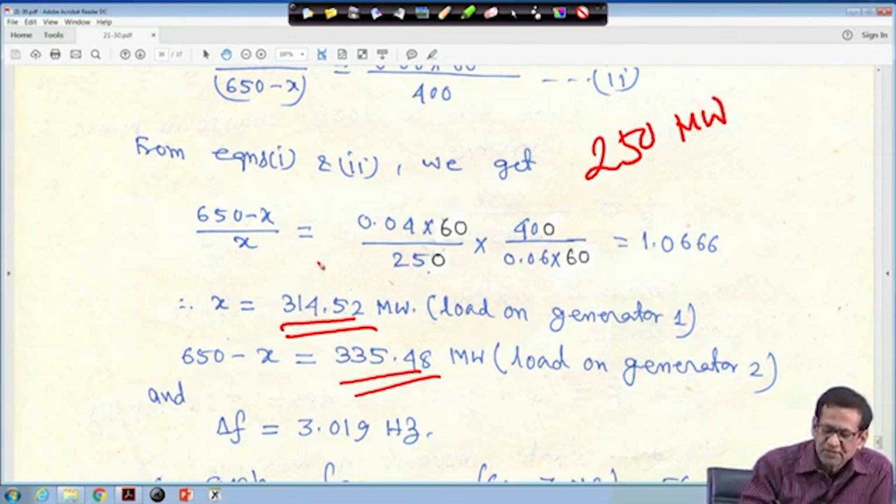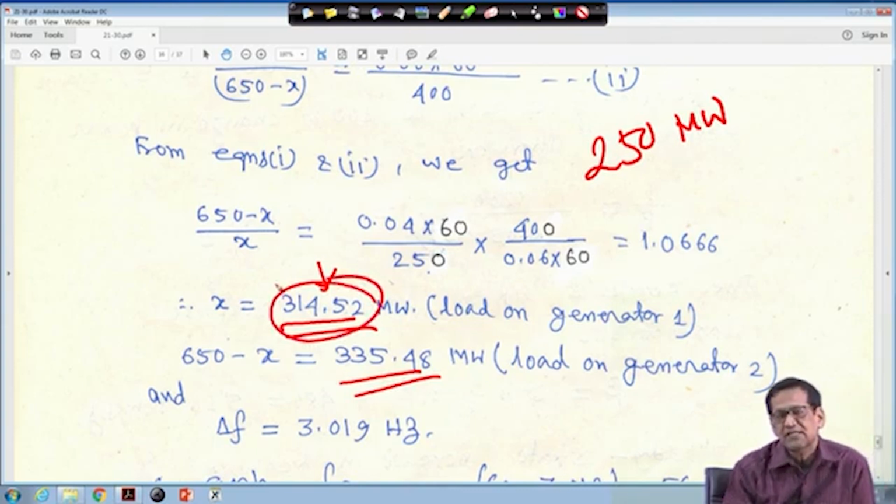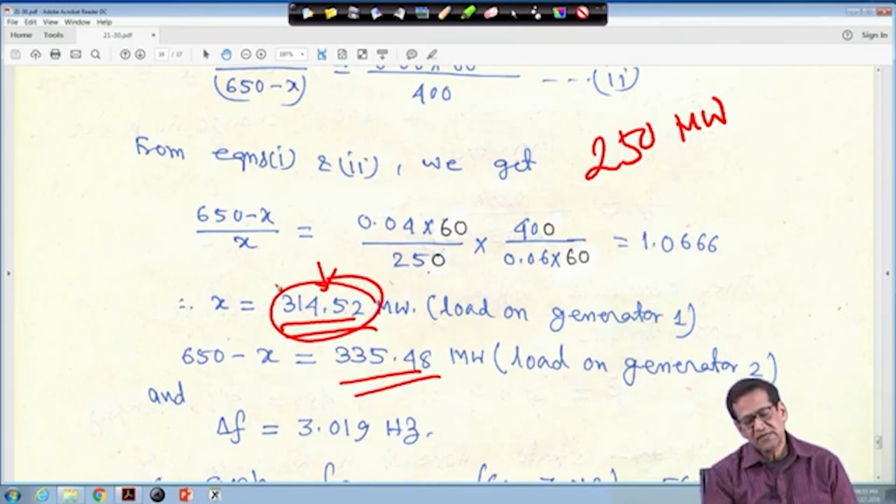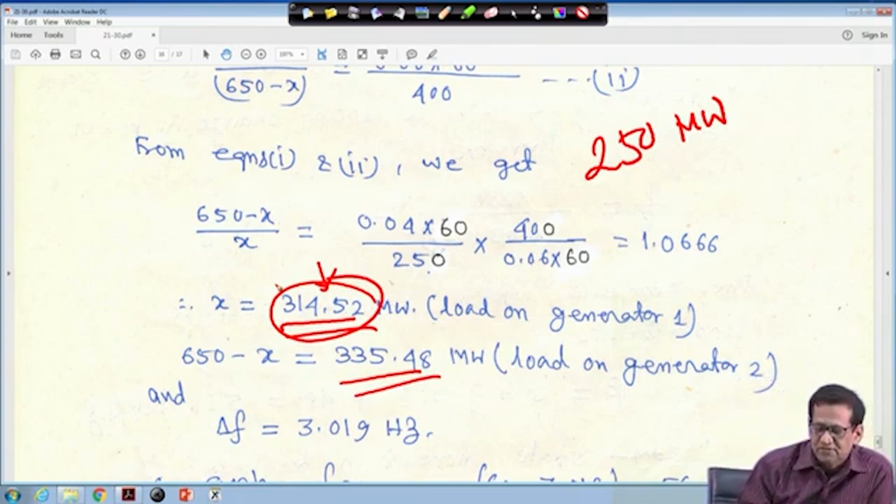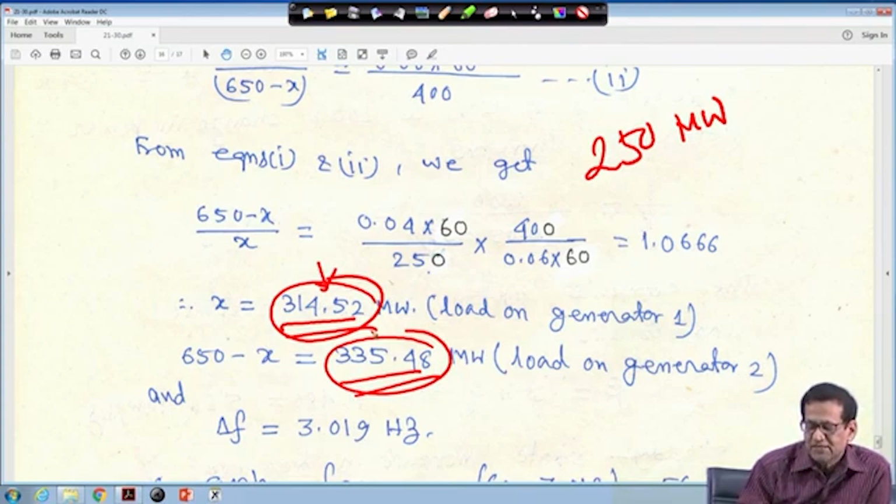So if generator 1 generates 314.52 megawatt, it is much overloaded, more than 20% overloaded. The second generator is within the limit, because its rating is 400 megawatt, and it is generating 335.48 megawatt as per the droop characteristic.